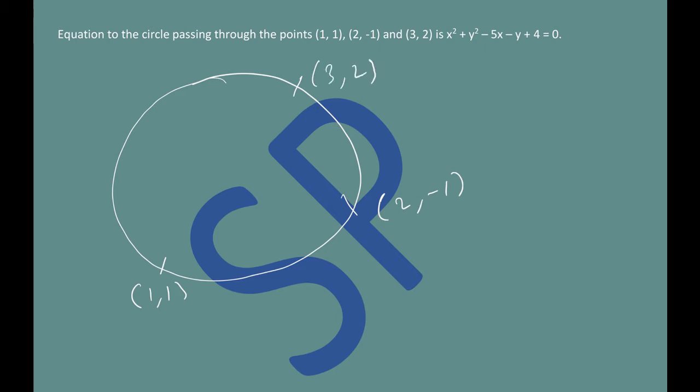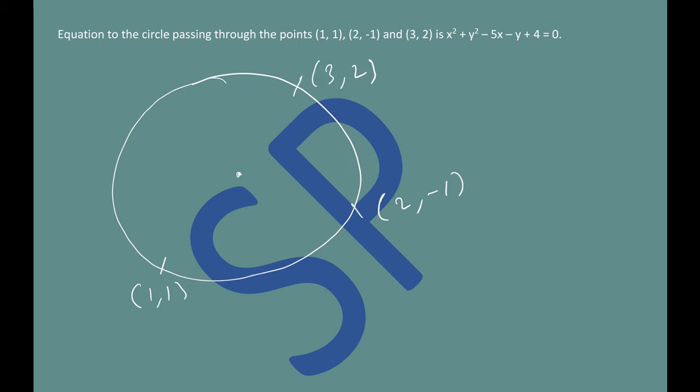So, as I said earlier, we want center and radius. Once we have the center, radius will be obvious like the previous problem, because we can simply find distance between these 2 points or these 2 points to get the radius. So all that we need in this problem is the center of the circle.